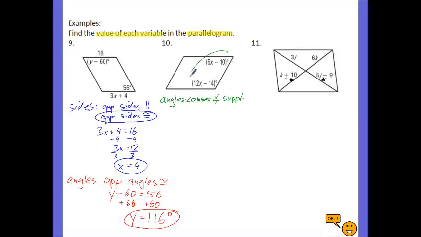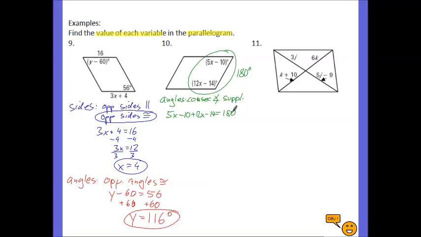That means these two angles together have to measure 180 degrees. And that information we're going to use to set up our equation this time. It's a little different than in the previous two cases. Now we are adding these two measures, and they have to add up to 180 degrees.